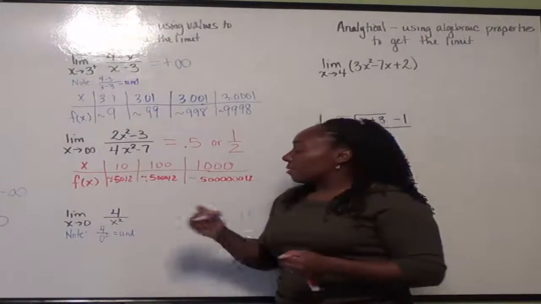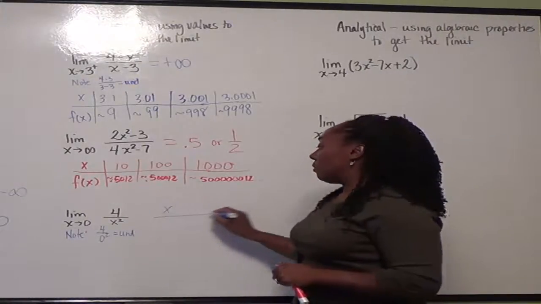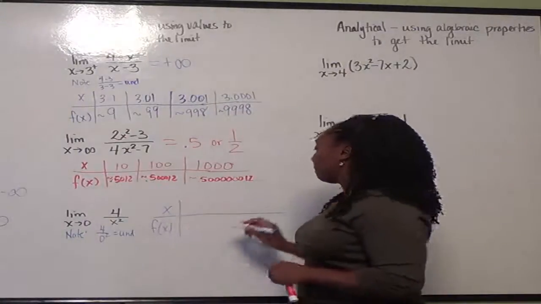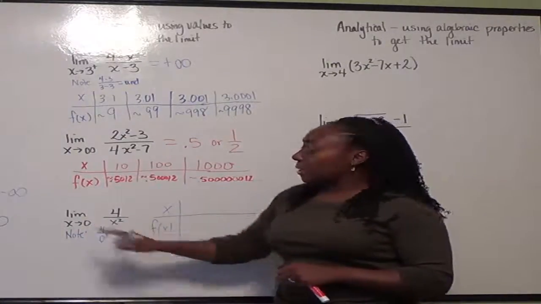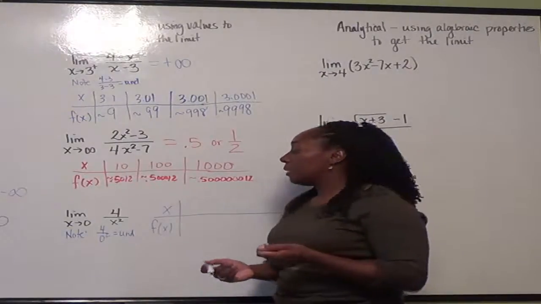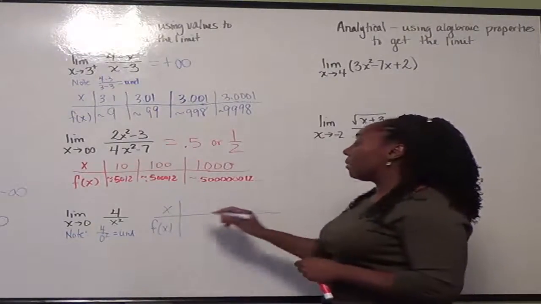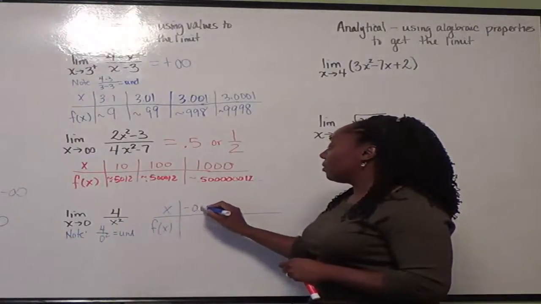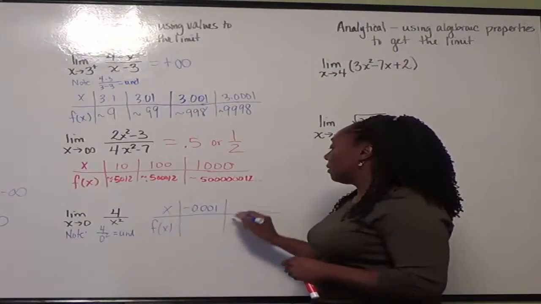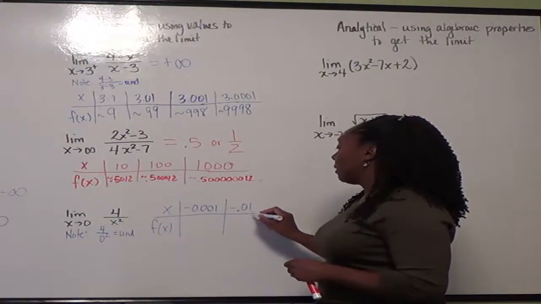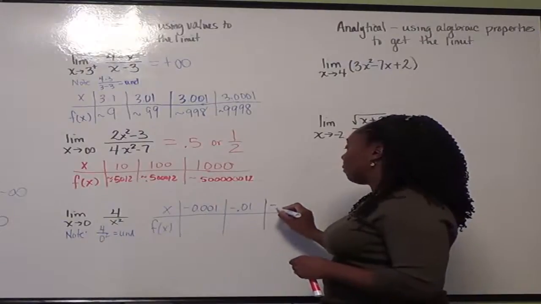Okay. So in this case, same thing, I can use some values. And here, because it's a two-sided limit, I need to consider both sides of 0. Okay, so if I'm coming from the left, I can look at things like negative 0.001, a negative 0.01, and a negative 0.1.